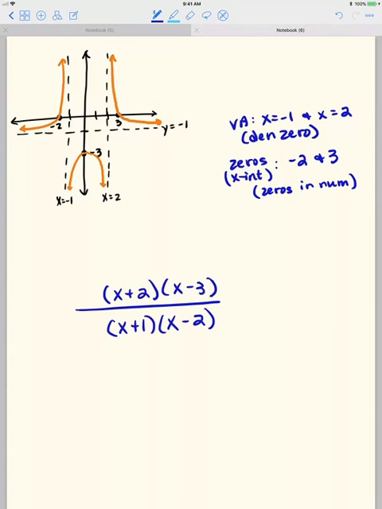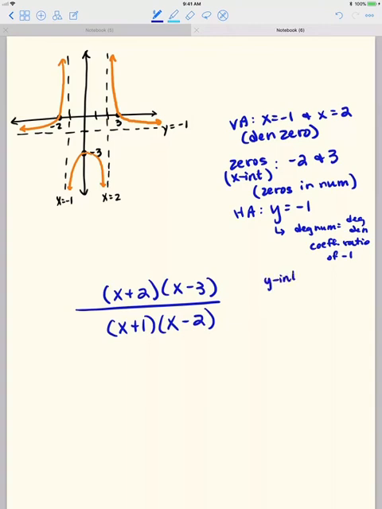The other things that you can note from here, there's a horizontal asymptote at y equals -1. So again, the fact that there's a horizontal asymptote means the degree of the numerator equals the degree of the denominator. And when I pull their coefficients, they need to have a ratio of -1. Currently, I just have x squared on top, x squared on the bottom. So I'm going to have a negative in there somewhere.